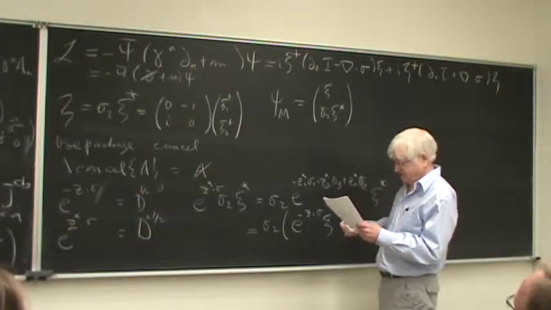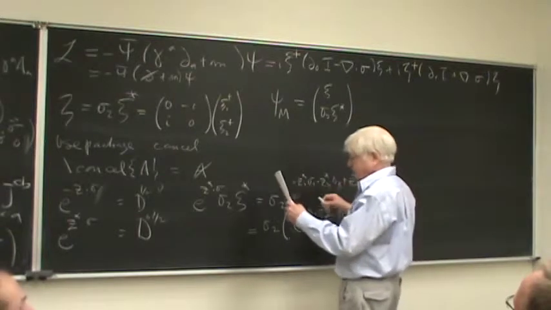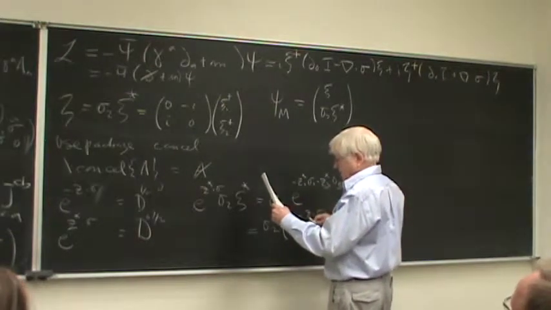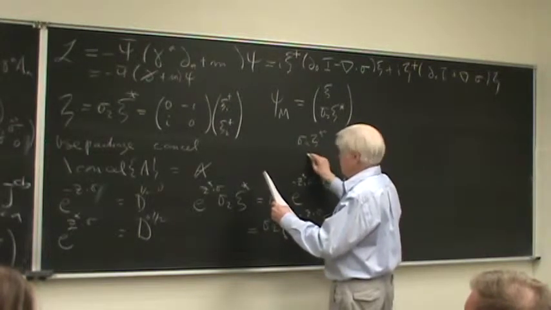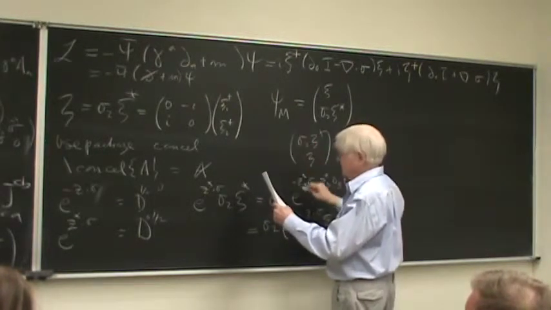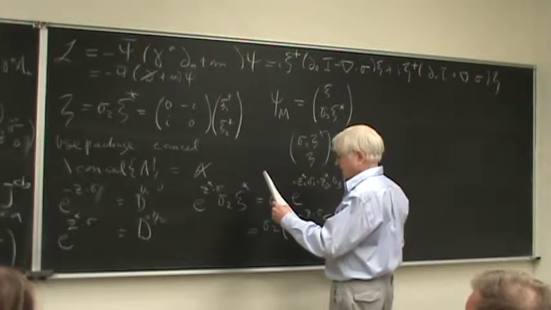And you can do the same thing with a zeta. You can do sigma 2 zeta star, zeta, and this is again a Majorana spinner.